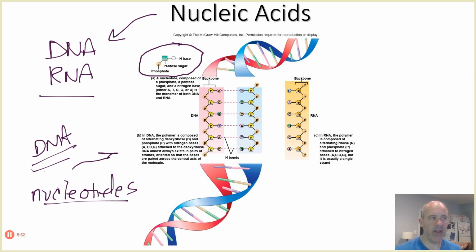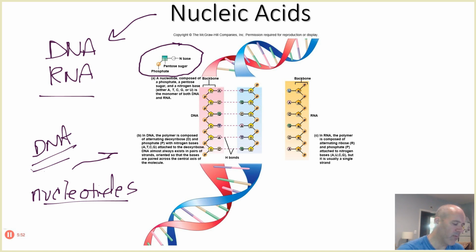And if you look carefully at that figure, a nucleotide has three major components. It has a phosphate, it has a sugar that's called a pentose sugar, and a pentose sugar is a sugar that has 5 carbons in it. And then finally there's a nitrogenous or nitrogen containing base.